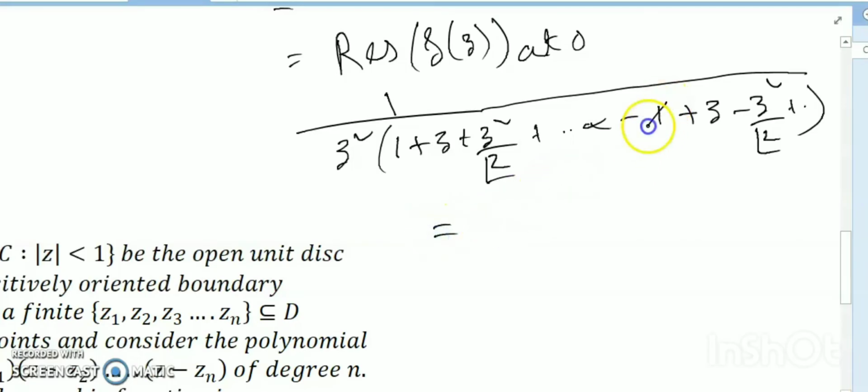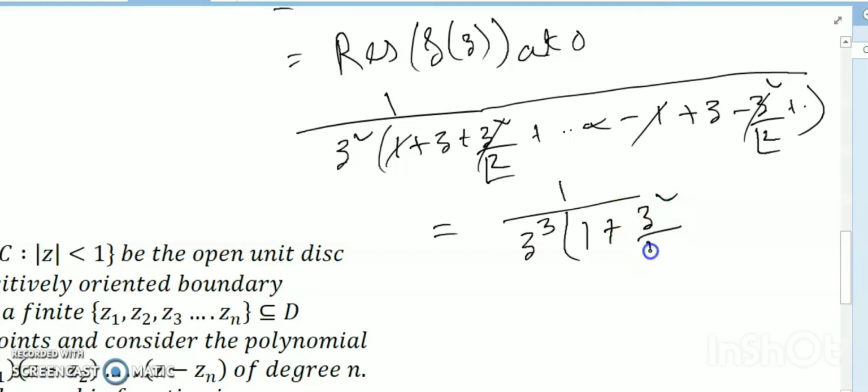So whatever I get is 1 by z cube into 1 plus z square by 3 factorial, up to infinity.